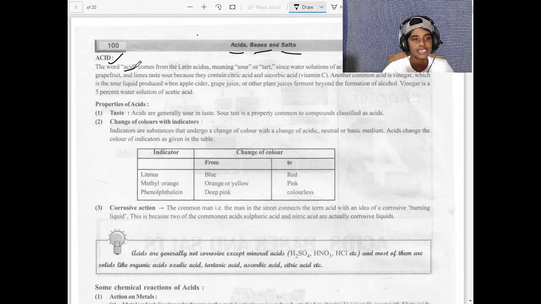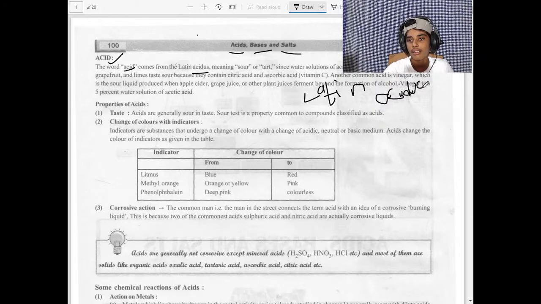The word acid came from the Latin name acidus, meaning sour or tart, since the water solutions of acids have a sour or tart taste. Sour and tart have the same meaning, but the name only changes.